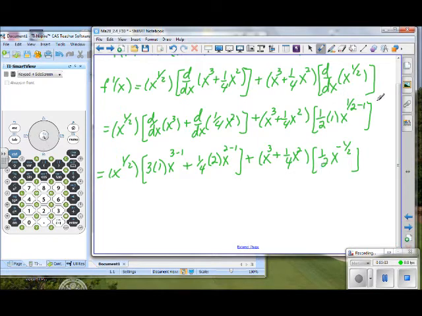Okay, so we have our first step. We're showing all of the derivatives we're going to take. The second step, we have actually taken the derivatives, and now we need at least two more algebra steps.